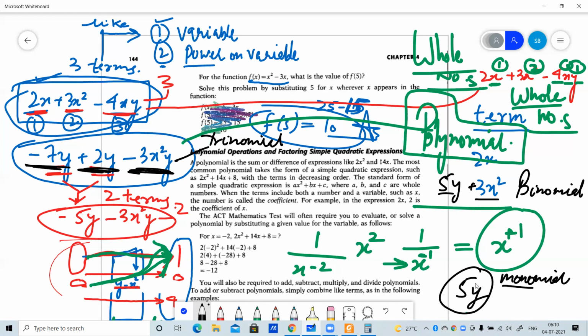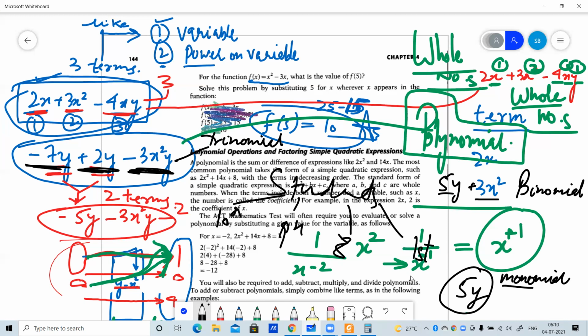Is a trinomial also a polynomial? Yes, a trinomial is also a polynomial. Polynomial is a general name. For example, students. Students is a general name. But in students, you're having 10th grade also, you're having 9th grade also, you're having 8th grade also, even 1st grade.